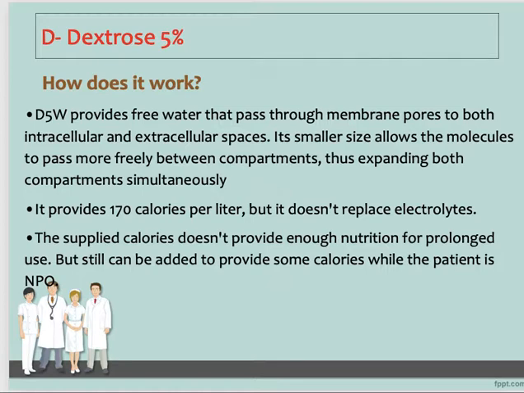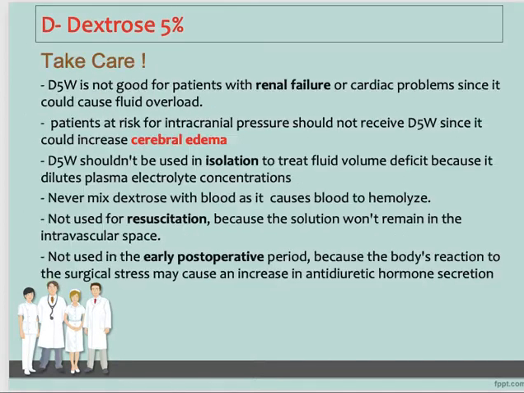So of course, 2 normal salines will provide them with sodium chloride, or sodium especially, and this one will give them energy as well, and we can add potassium as a separate injection, right? So this is how in reality they give the fluids.